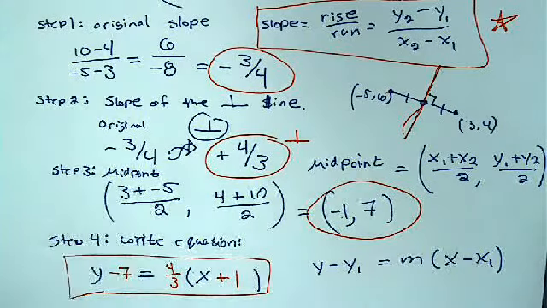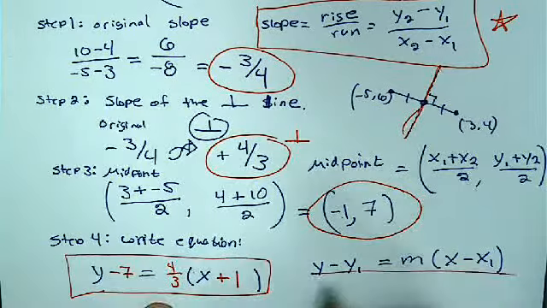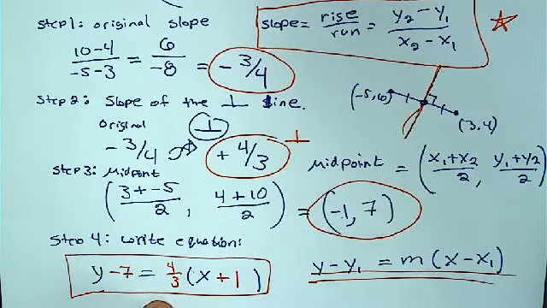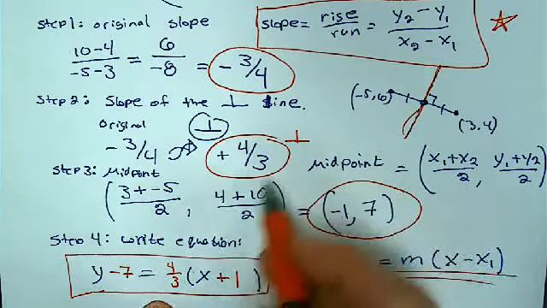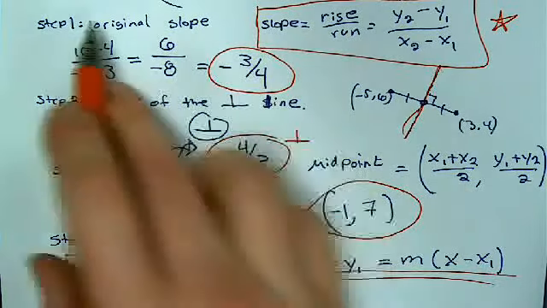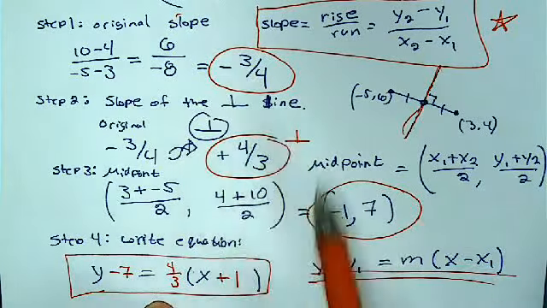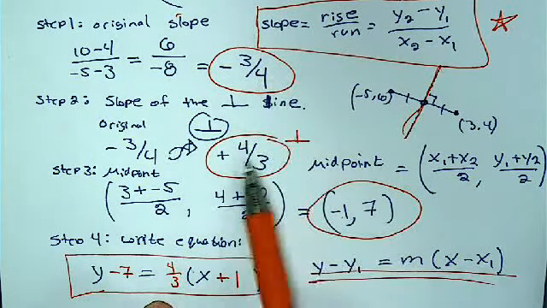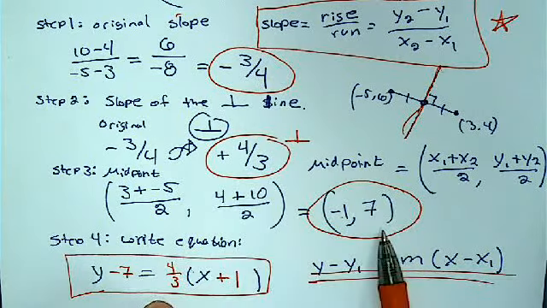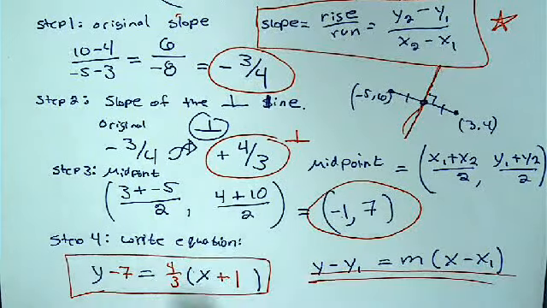The original question reads, find the equation in point slope form, there's point slope form, of the perpendicular bisector of the segment with the points, and then it gave us 2 points to go in, which let me use those 2 points to find the original slope, the perpendicular slope, the midpoint, and then put all of these facts into my final equation.